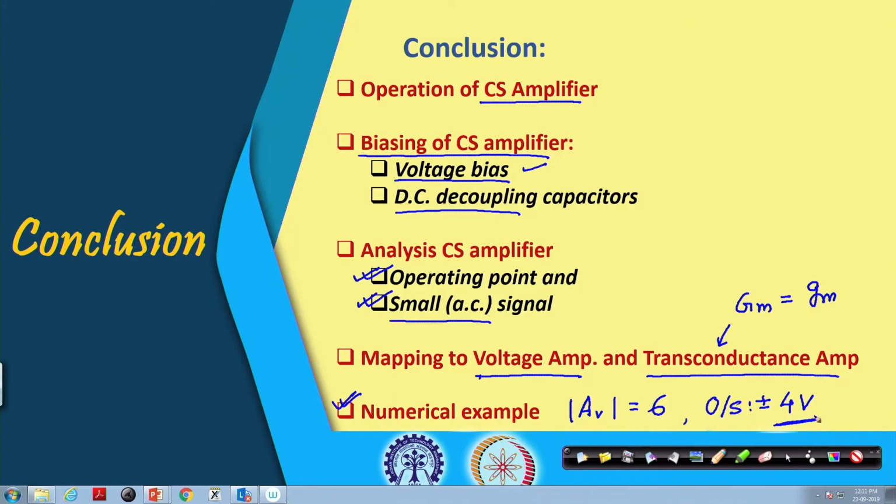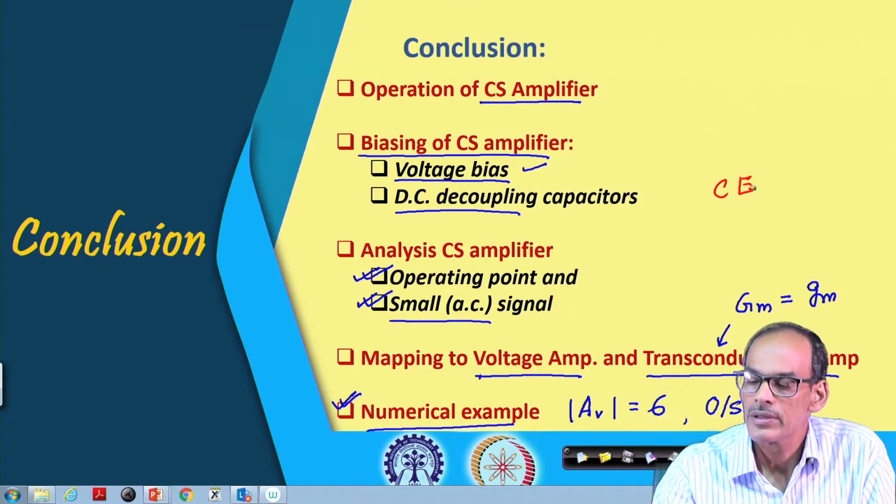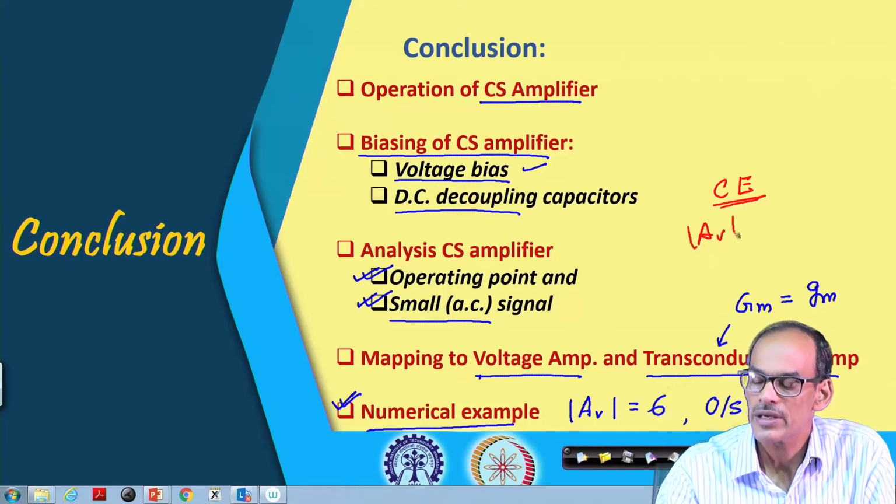Now, if I compare this numerical example of the common source amplifier with the common emitter amplifier performance, you may recall that for the common emitter amplifier the voltage gain was much higher, in the range of 200. So, definitely this is higher than this 6.